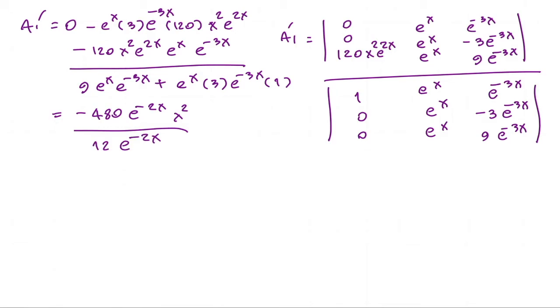Okay, which is minus 40 x squared e to the 2x. Okay, and guys, a2 prime would be this guy.